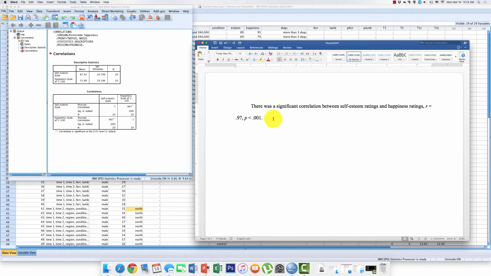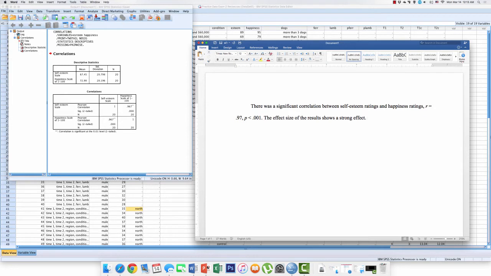So we have our effect size, the effect size of the results shows a strong effect. And then we'll also talk about the means and standard deviations.